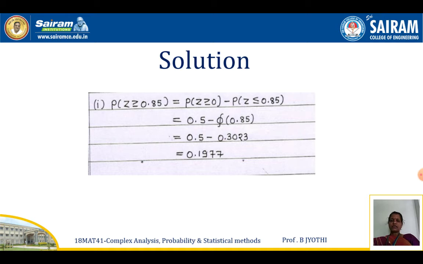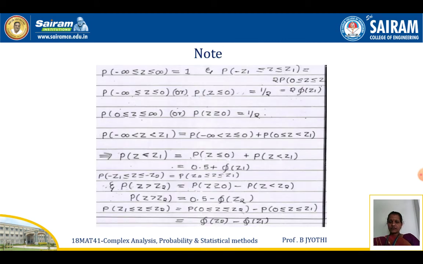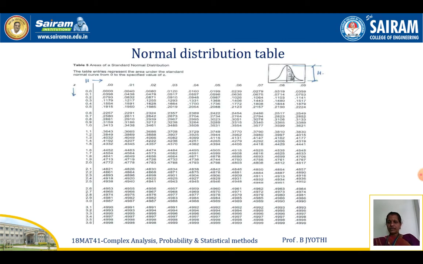When it is z ≥ 0, it will be 0.5, and from there we need to subtract phi of 0.85. How do we calculate the phi of 0.85? Just let me go back to the table again. For 0.85, here you can observe 0.3023.